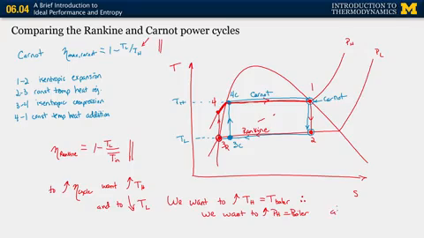And these are really good practical operating strategies. To improve the performance, the cycle efficiency of our Rankine or Carnot cycle, we want to do the same thing. We want to spread those two temperatures as far apart as possible, which really is saying spread the operating pressures of those two processes as far apart as possible.